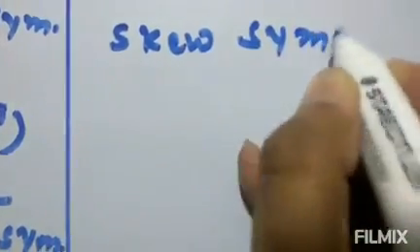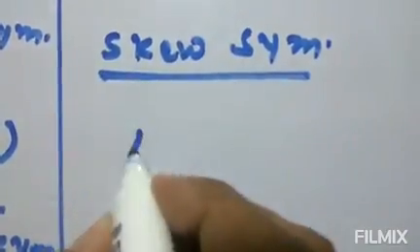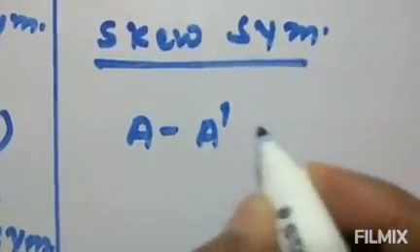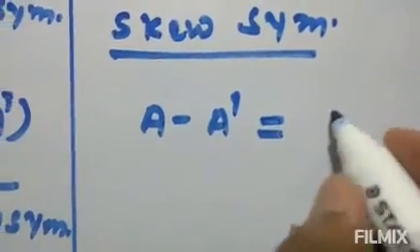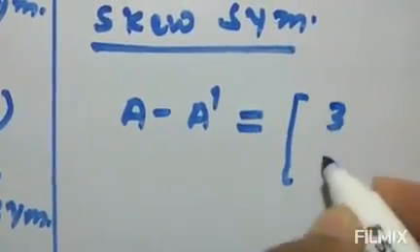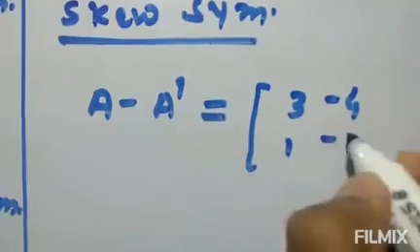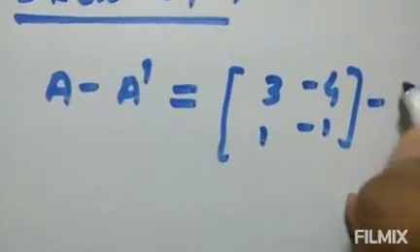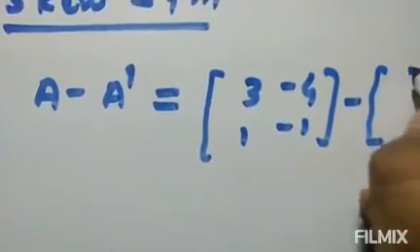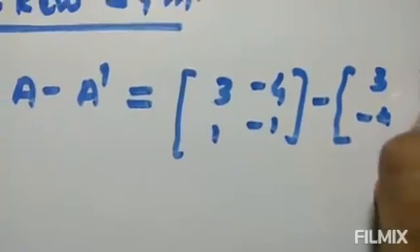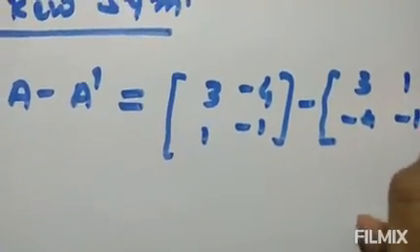Second part is for skew symmetric. Here A minus A dash means A, which is 3, 1, -4, -1, and minus A dash, which means minus 3, -4, 1, -1.